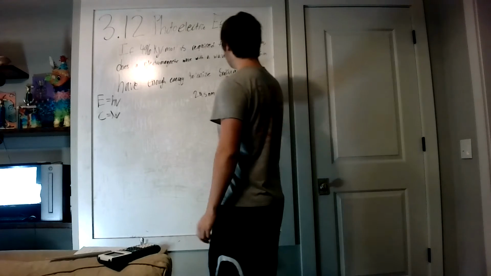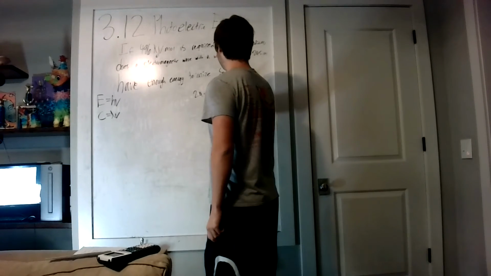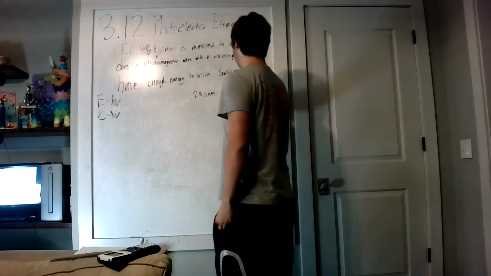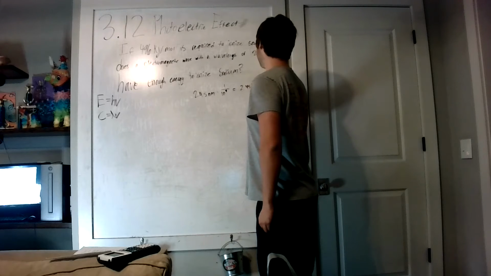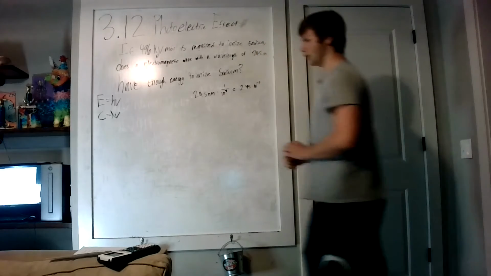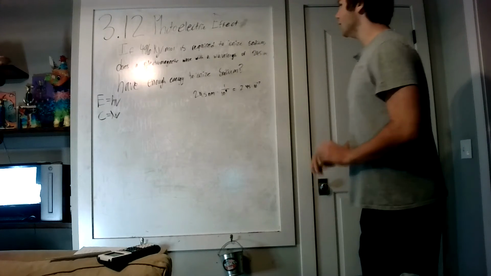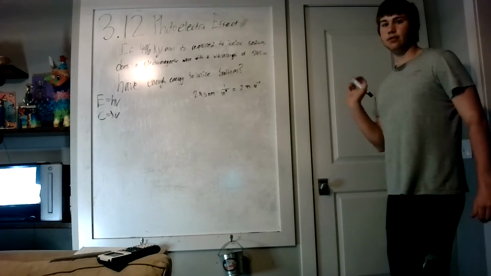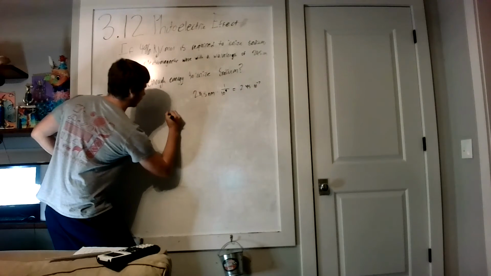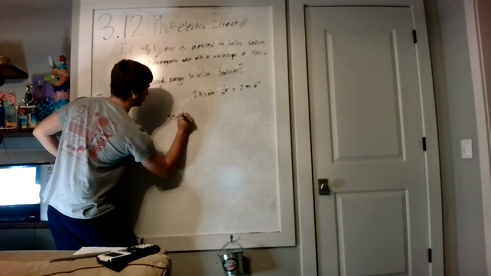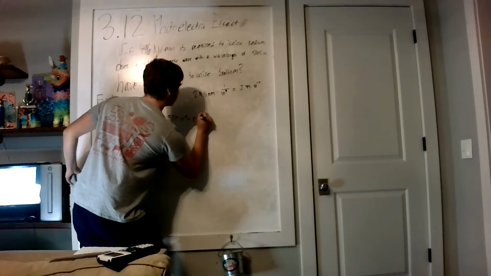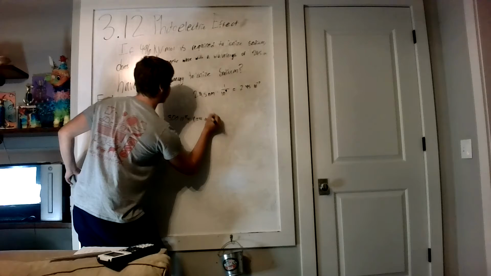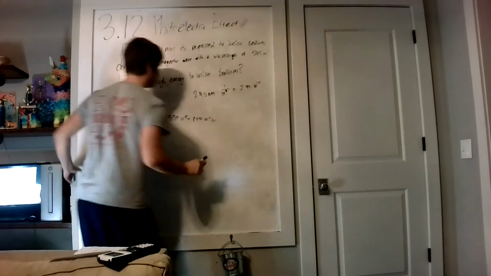So you have to multiply it by 1/10⁹. And that gives us 2.45 times 10 to the -7th. So now that we have 2.45 times 10 to the -7th, we now need to do 3.00 times 10 to the 8th equals 2.45 times 10 to the -7th times our frequency.